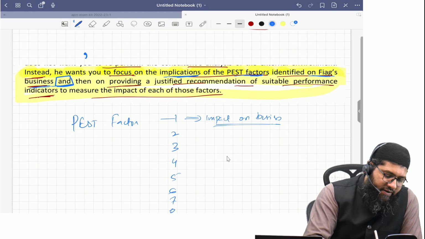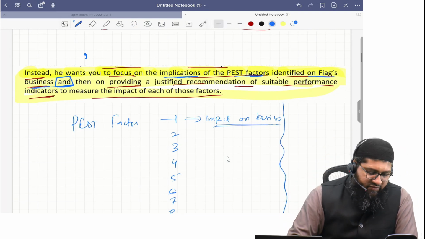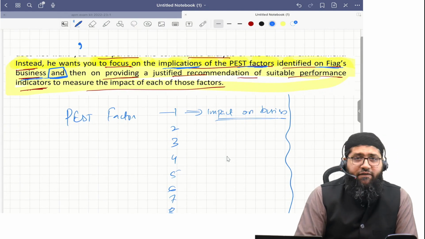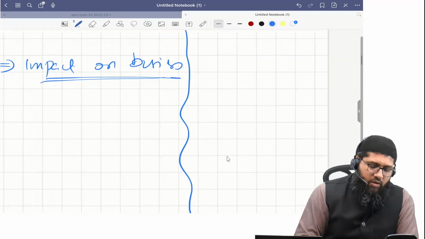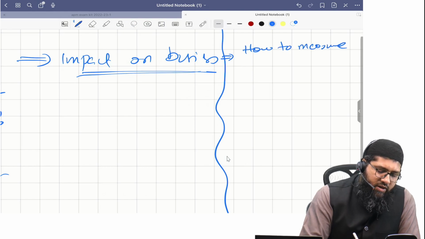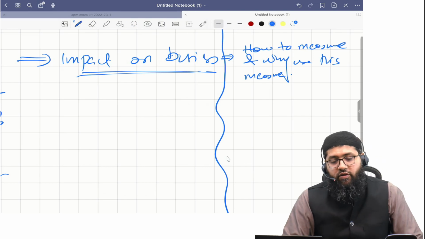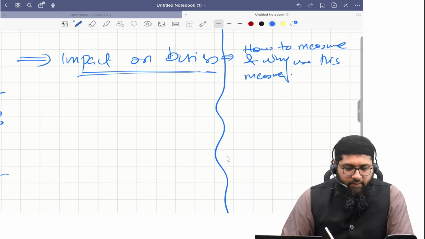So there is an impact on business that you would talk about, plus providing a justified recommendation of suitable performance indicators to measure the impact of each of these factors. How to measure, and why use this measure. That's what you would have to do, right?